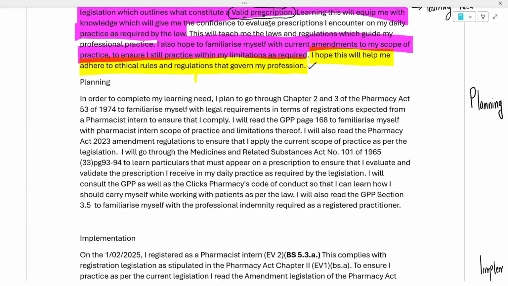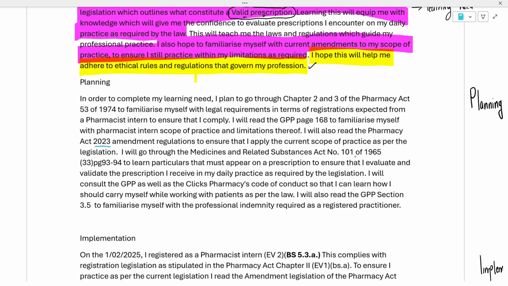Okay. And then let's go on to your work. In order to complete my learning need, I plan to go through Chapter 2 and 3 of the Pharmacy Act to familiarize myself with the requirements in terms of registration for a pharmacist intern. I will read GPP section to apply the scope of practice and my limitations. I will read the Pharmacy Act 2023 amendments to ensure I apply the current scope of practice.